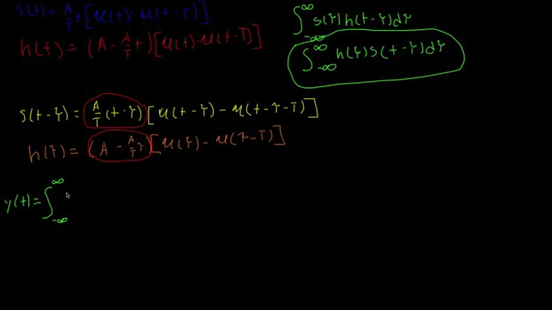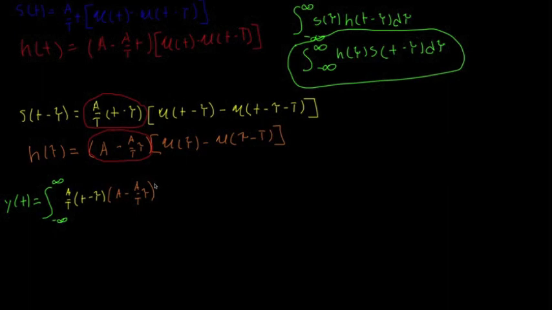Let's put this a over capital T times t minus tau. And then we'll shift back to orange, and then we have this a minus a over capital T times tau.